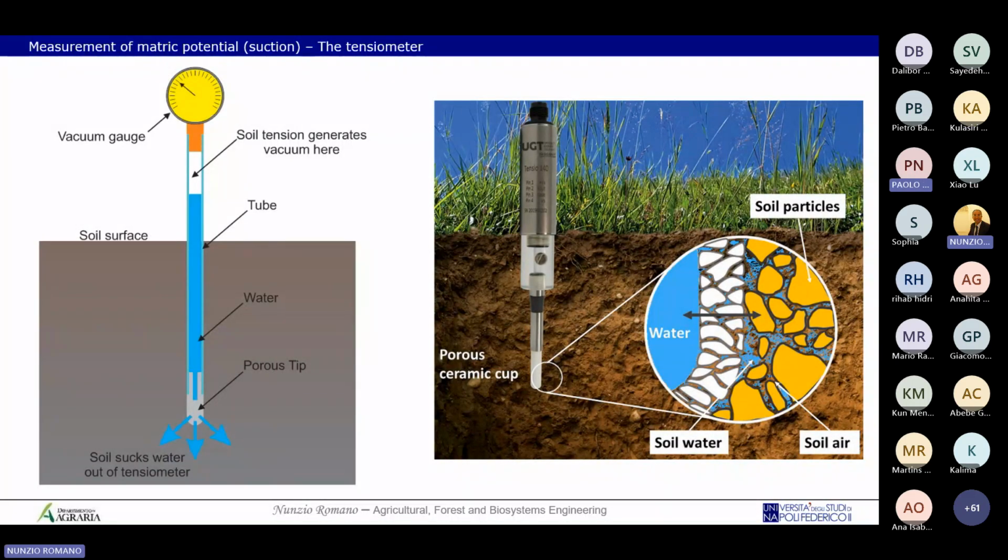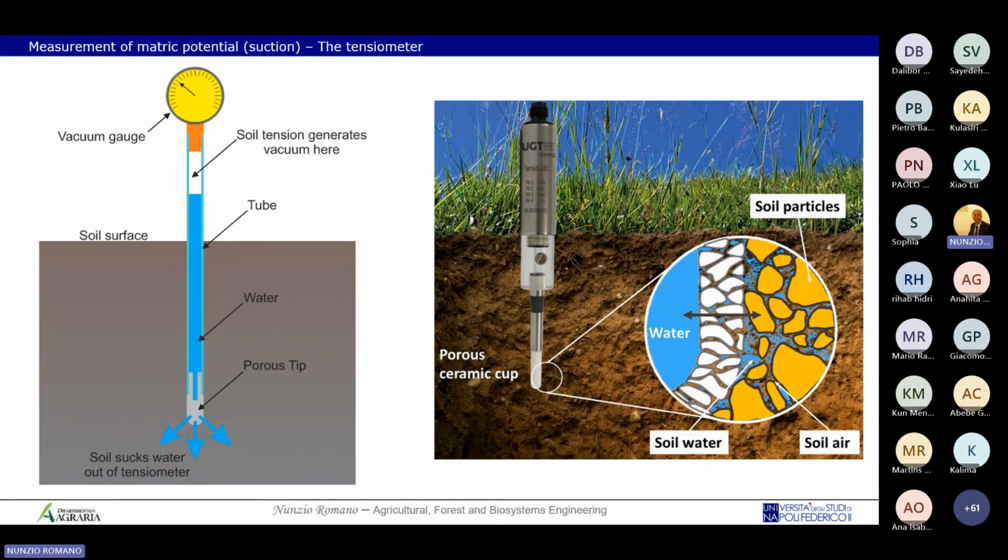Yes, it's clear now. Only when the meniscus breaks. This is an important point for this question, because when the soil becomes drier and drier, the curvature of the meniscus becomes even higher, but at a certain point the pressure of air is so strong that the meniscus is broken.